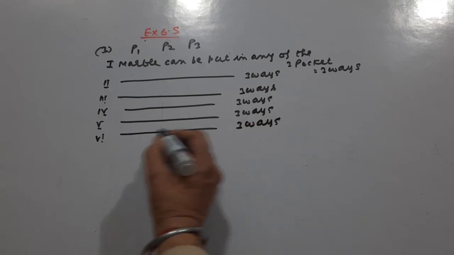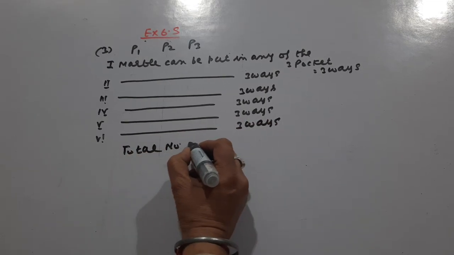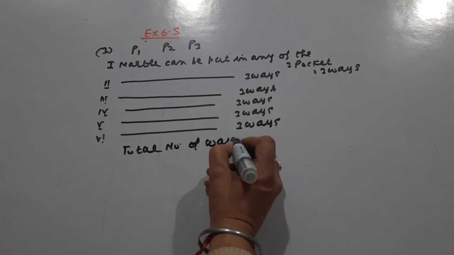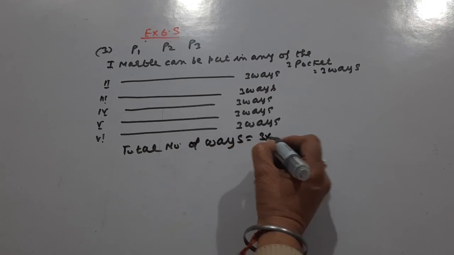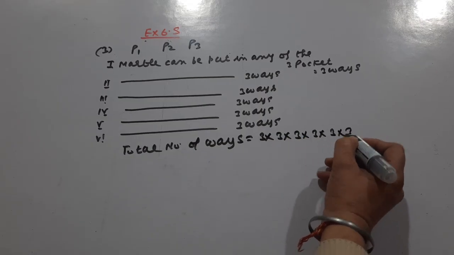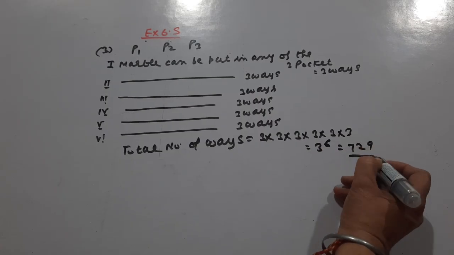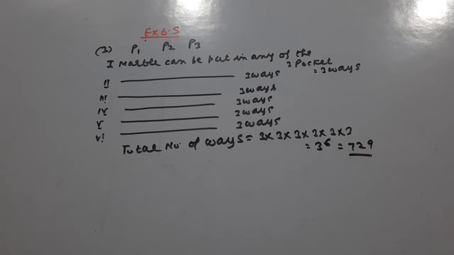So therefore, total number of ways equals to 3 into 3 into 3 into 3 into 3 into 3. So this is equal to 3 power 6, and this is equal to 729. So total number of ways in which a boy can put six marbles in his pocket.